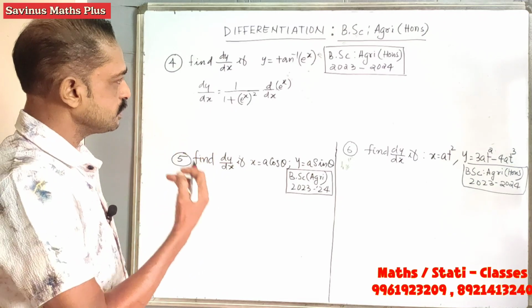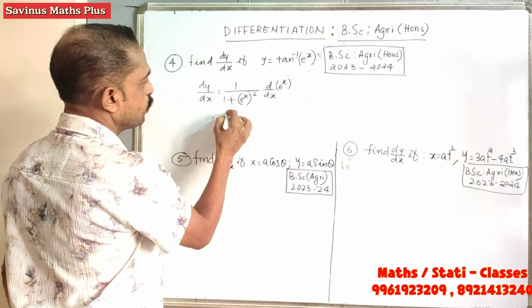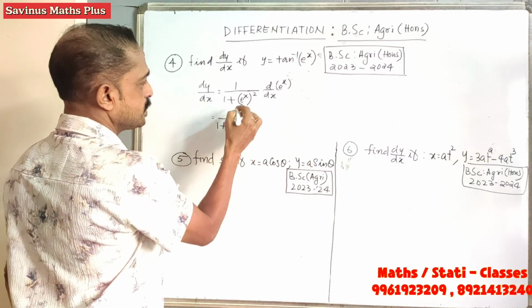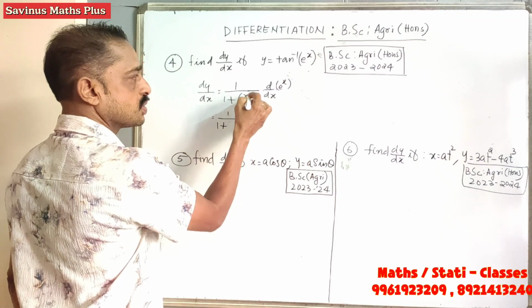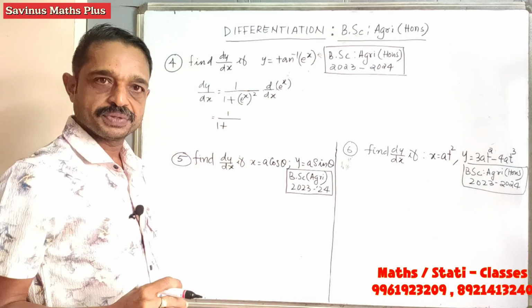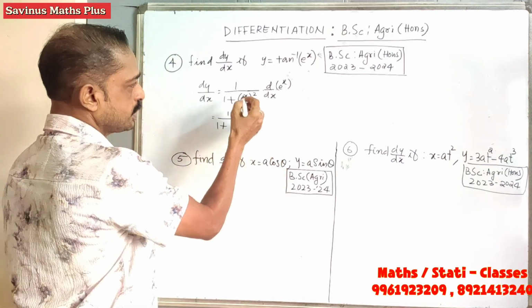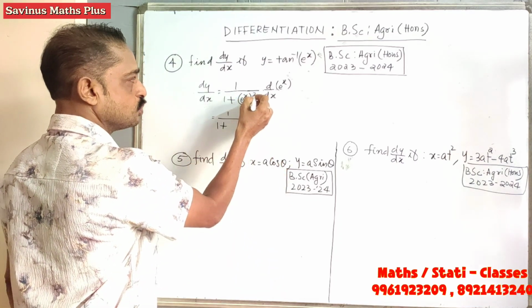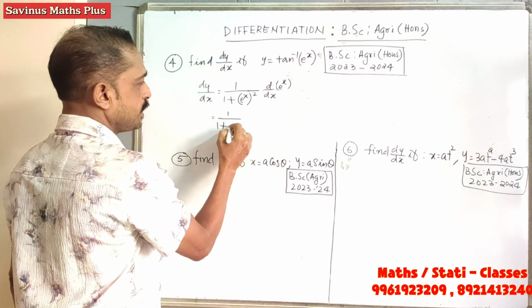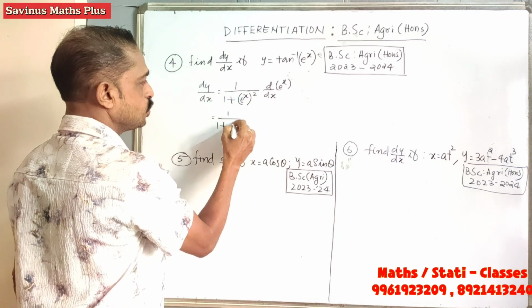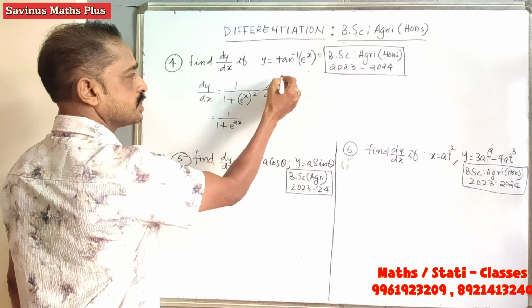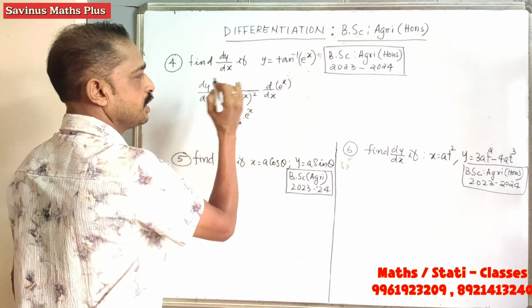Now simplify. Now this is 1 by 1 plus e raised to x whole square. What is x raised to m whole raised to n? It is x raised to m into n. That is, you will have to multiply these 2 with x. So e raised to x into 2 is e raised to 2x, into d by dx of e raised to x, which is e raised to x.